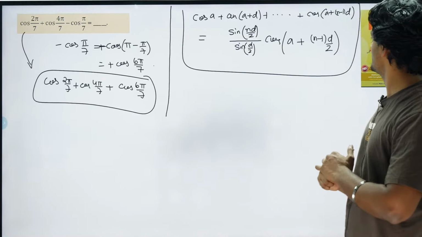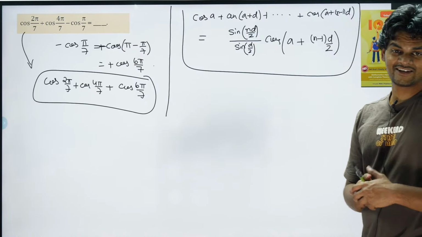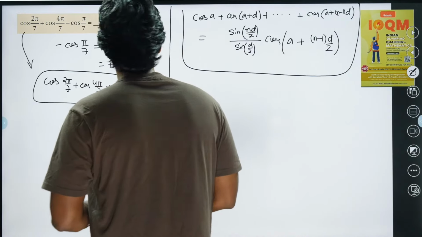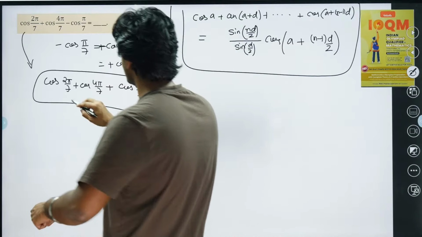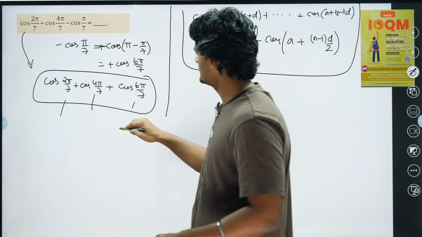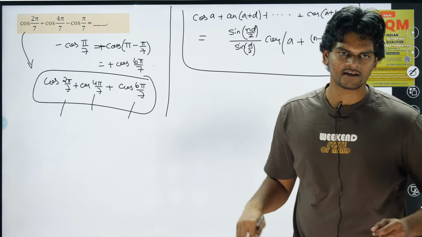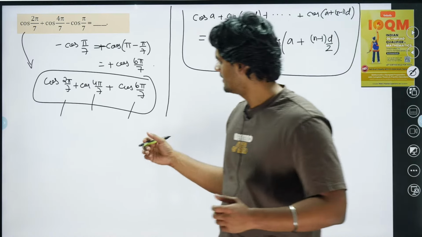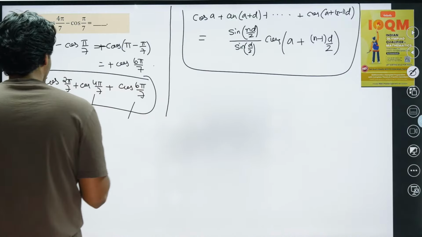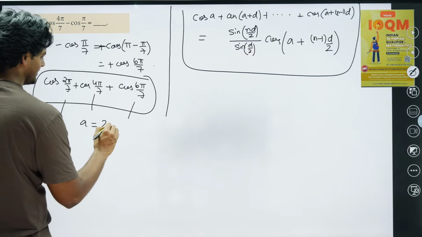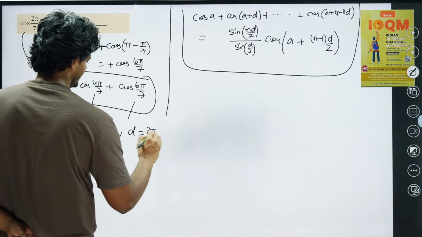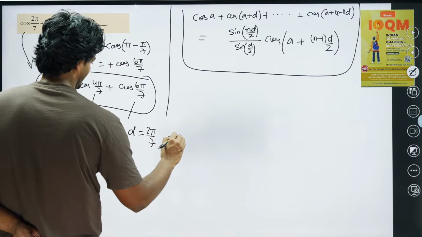I don't know how many of you are aware of it. I don't know how many of you watched it, right? And you see that these angles are in AP, aren't they? They are in AP. So I can take my A as 2 pi by 7, D as 2 pi by 7, N as 3.